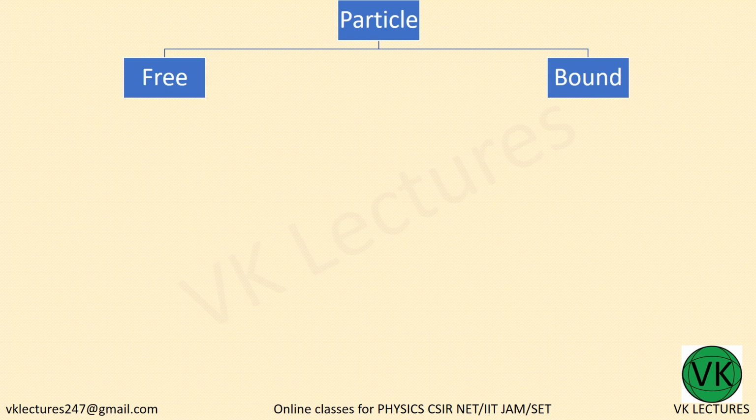Now we also understood that a free particle, when it comes to a lower size box, behaves as a bound particle. So there is a small change in the definition of a free particle. The definition that a particle without potential is a free particle is no more true. It doesn't justify.